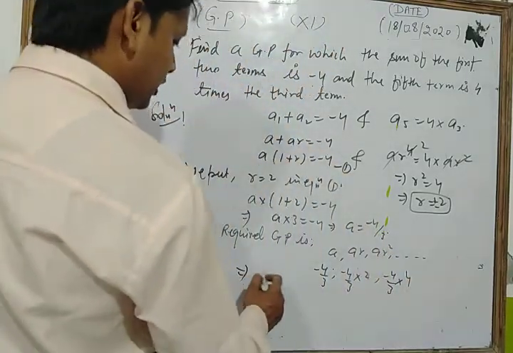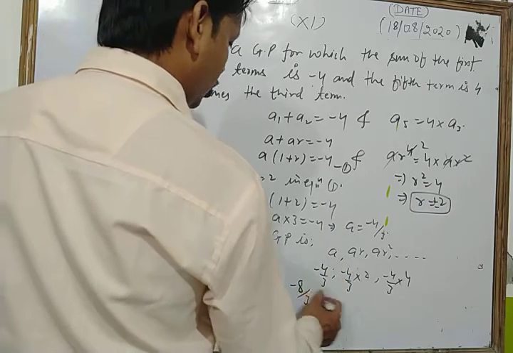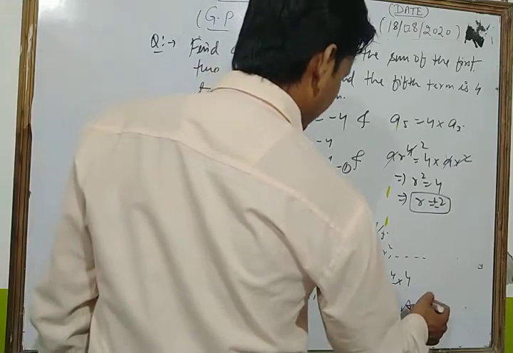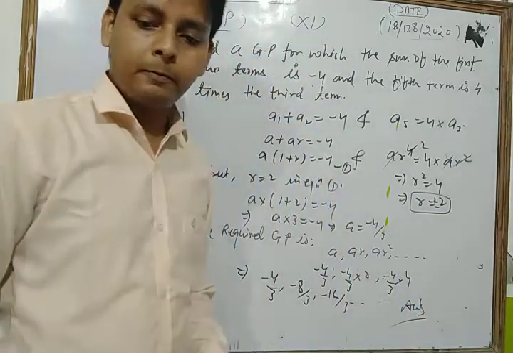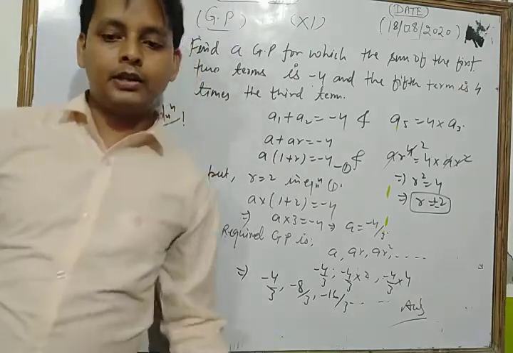So we get -4/3, -8/3, -16/3, and so on. This is the required GP: -4/3, -8/3 and -16/3.